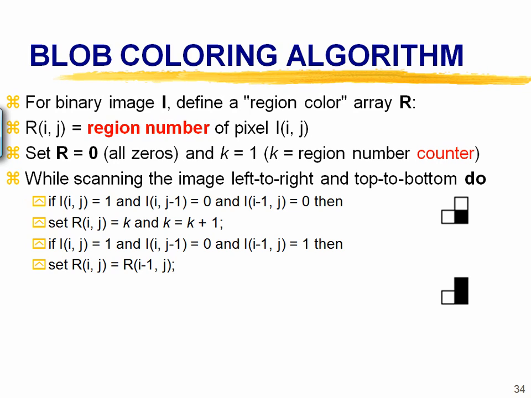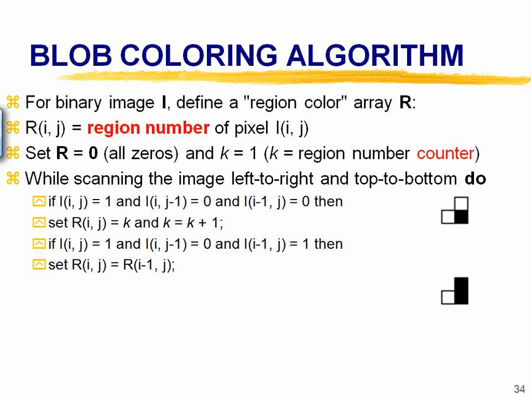All right. So imagine a raster scanning where you start and you come to the first pixel in my image and I check if it's a 1, because I need to check for presence of an object. If it's 0, it's background, I don't care about it. But if it's 1, then I need to check for its neighbors. And the neighboring condition I want to check is the pixel above it and the pixel to the left of it.